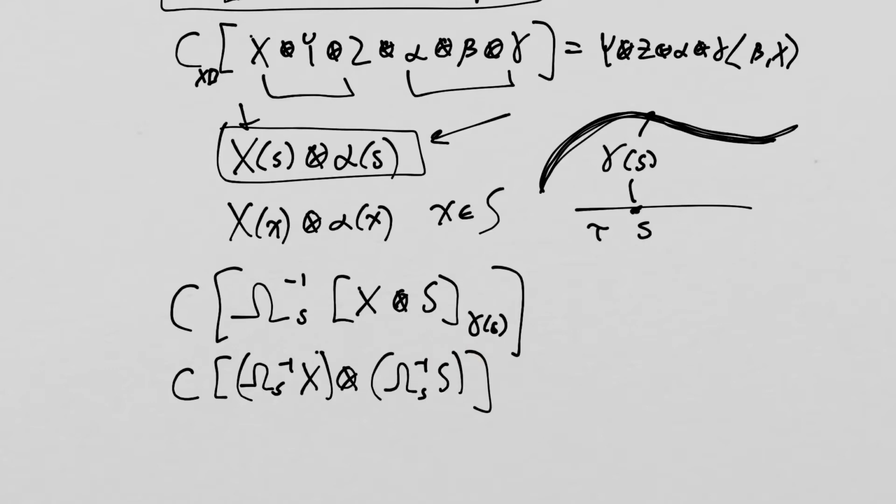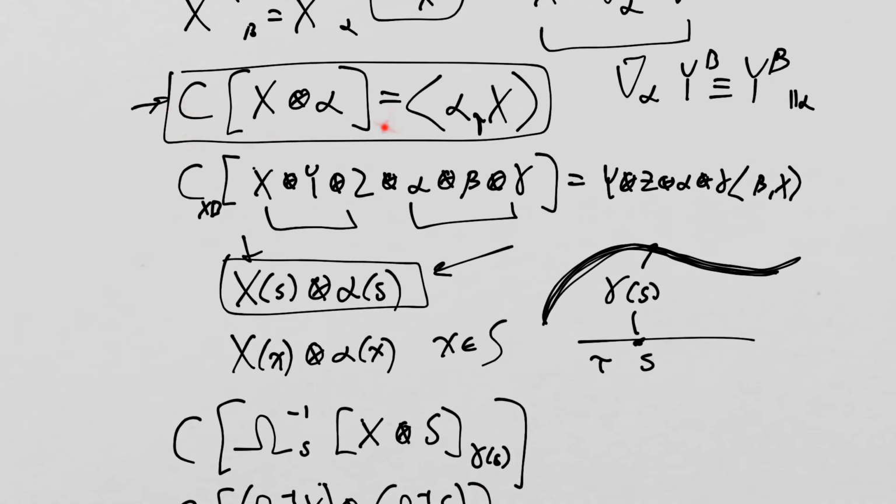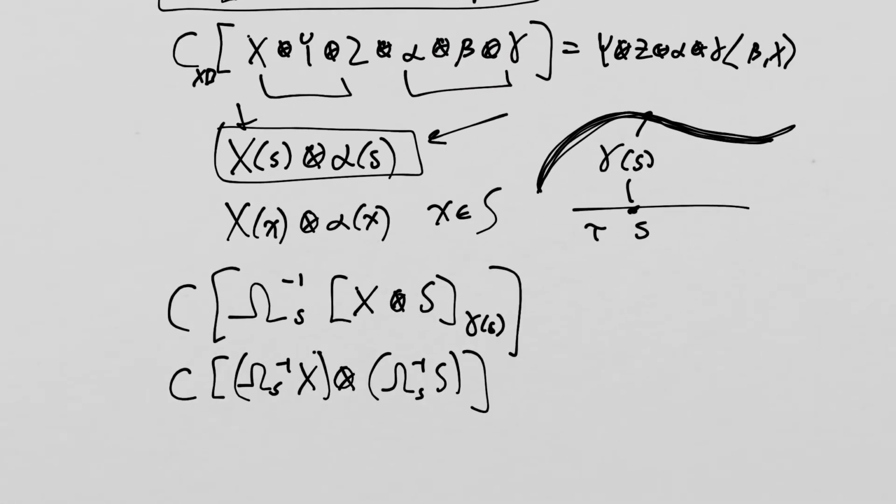But we know from this rule here that the contraction, the definition of contraction in the CFREE notation, of the tensor product of a vector and a covector is just the dual space mapping between the two.